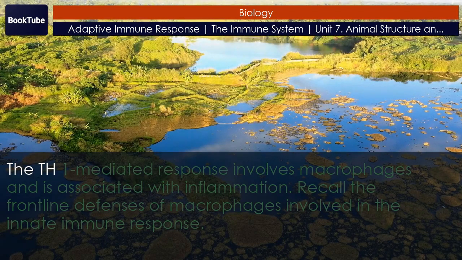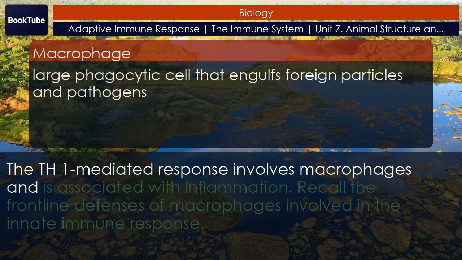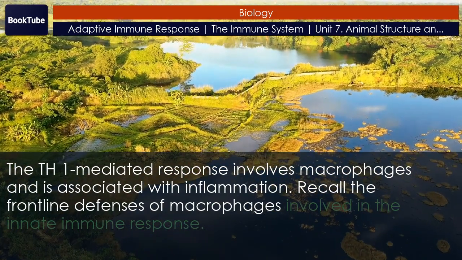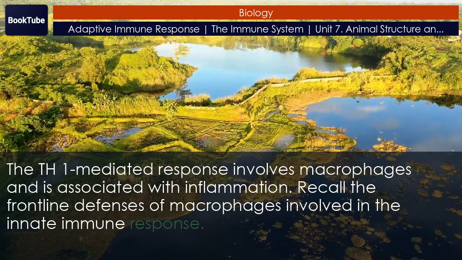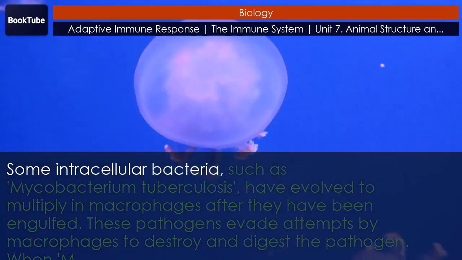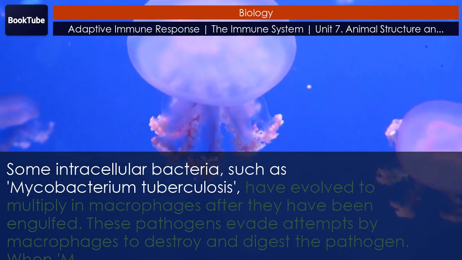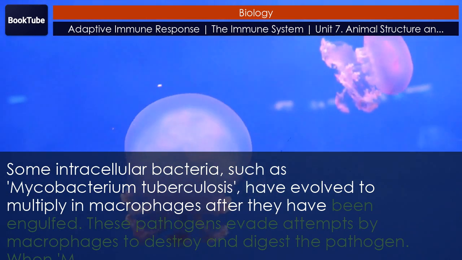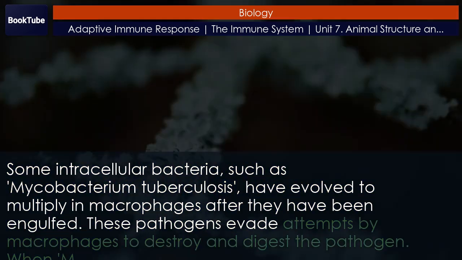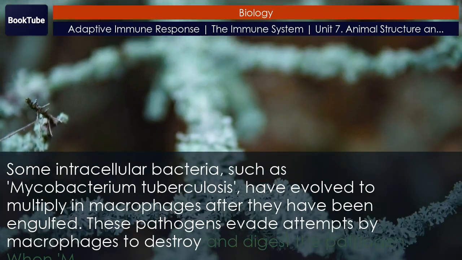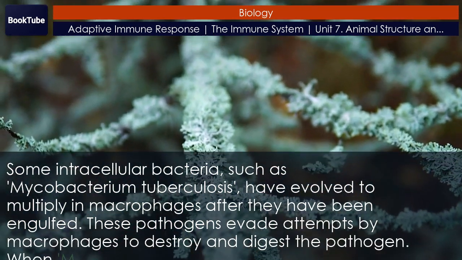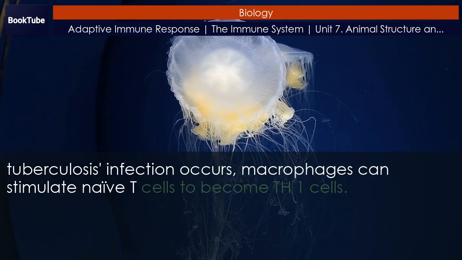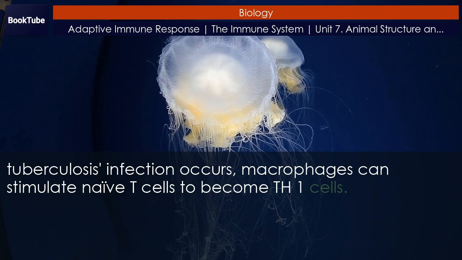The Th1-mediated response involves macrophages and is associated with inflammation. Recall the frontline defenses of macrophages involved in the innate immune response. Some intracellular bacteria, such as Mycobacterium tuberculosis, have evolved to multiply in macrophages after they have been engulfed. These pathogens evade attempts by macrophages to destroy and digest the pathogen. When tuberculosis infection occurs, macrophages can stimulate naive T cells to become Th1 cells.